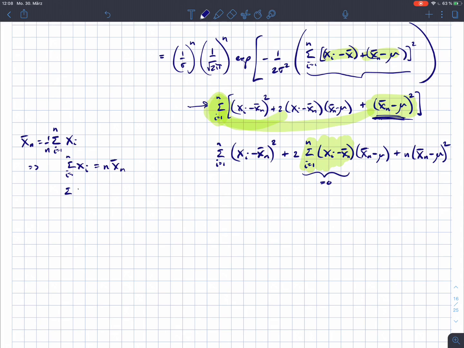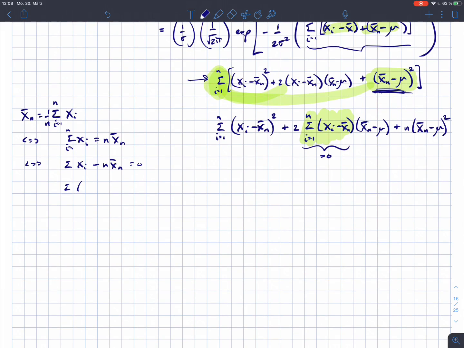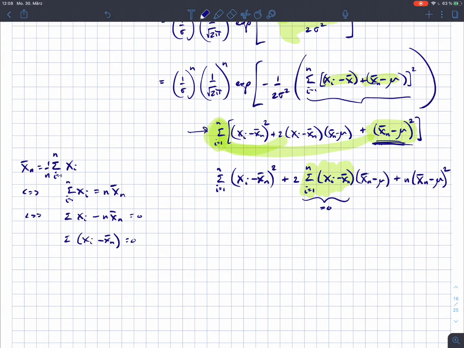And so the sum of the xi's minus n x bar equals 0. And that's like writing this, so it's got to be 0. So what I get in the end is that this thing is 0.